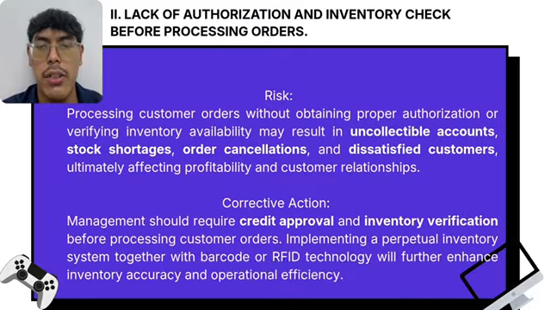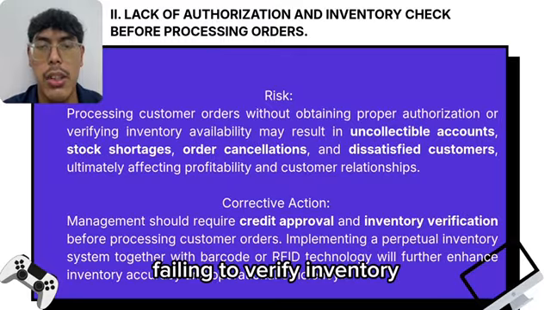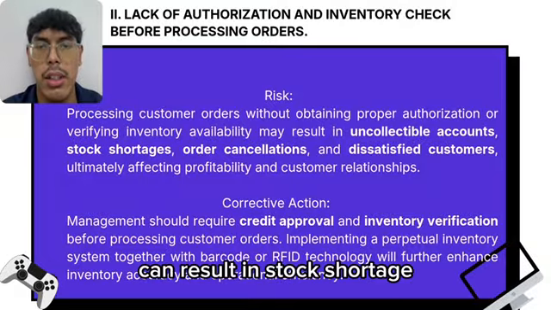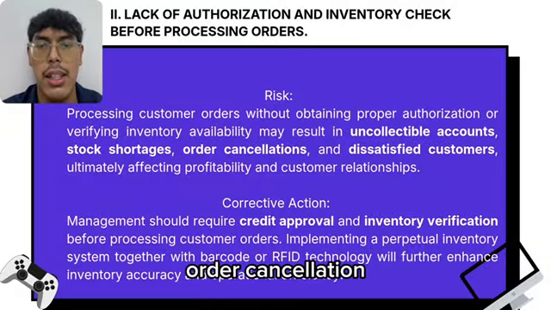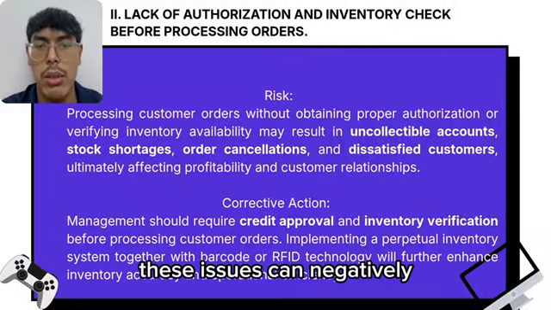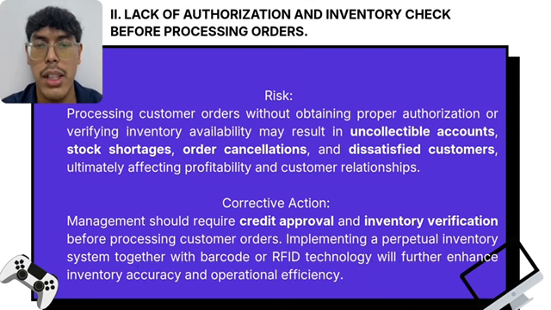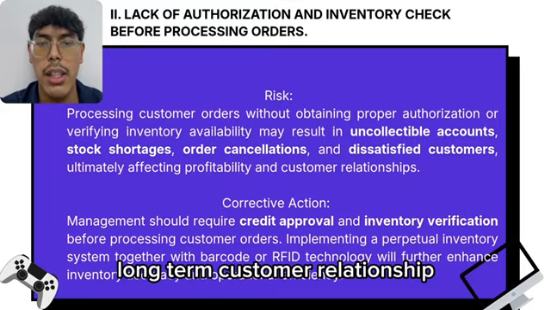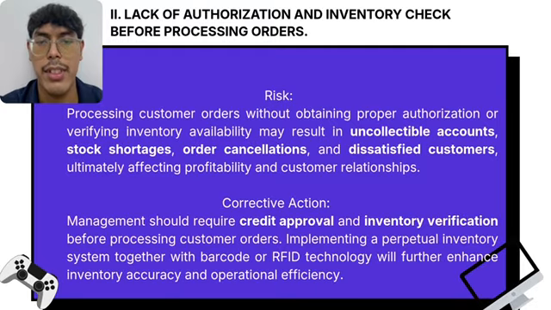In addition, failing to verify inventory availability before processing orders can result in stock shortages, order cancellations, delayed deliveries, and dissatisfied customers. These issues can negatively impact the company's profitability and damage its long-term customer relationships.